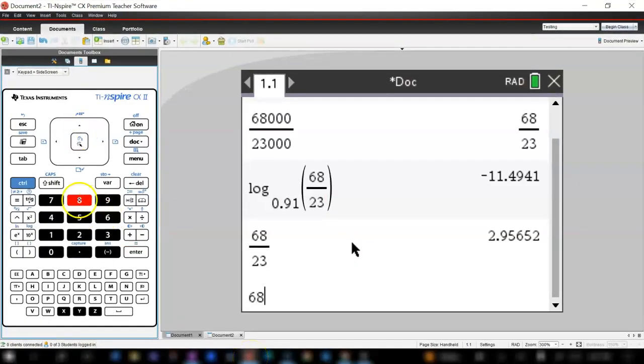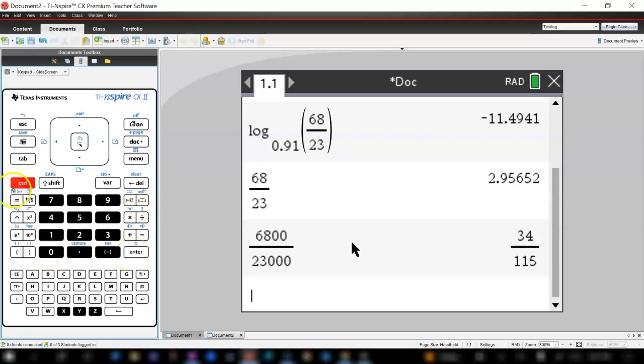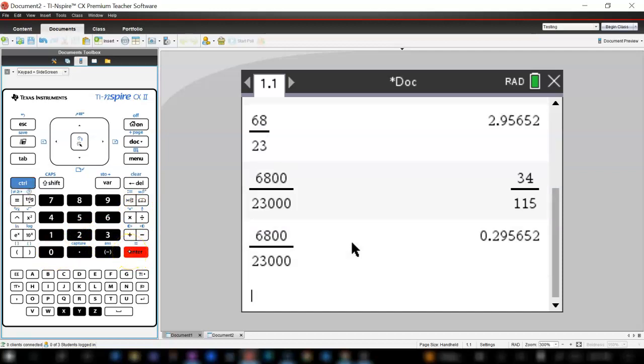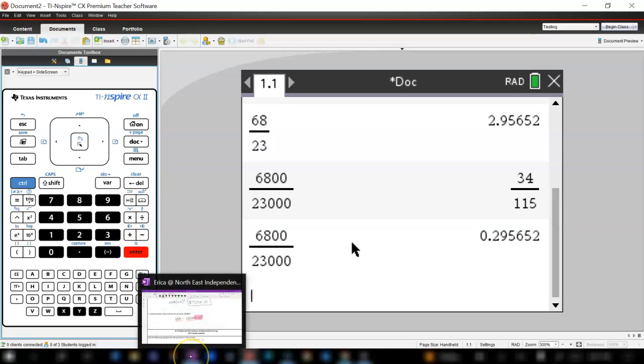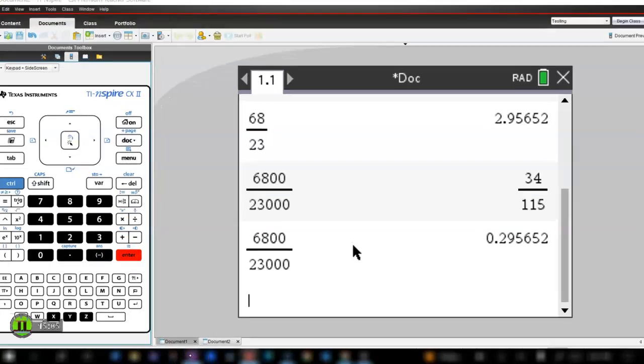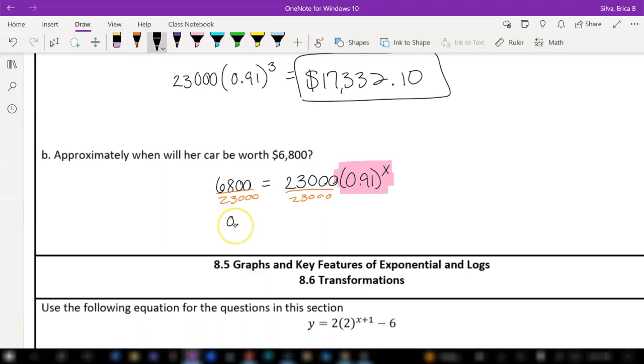We've got 6,800 divided by 23,000, and we're going to put it as a decimal. 0.295. We're going to round it to the nearest hundredth, which is 0.30, and that is 0.91 to the x power.